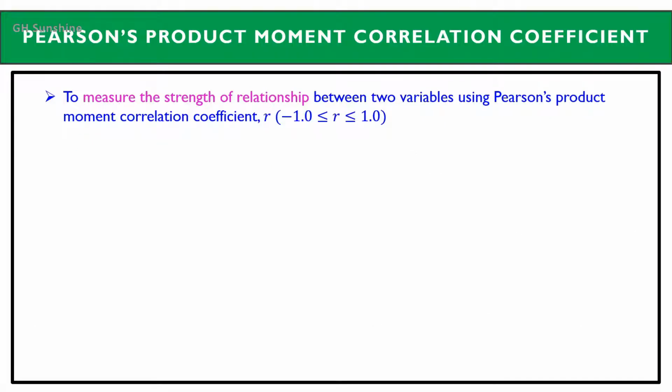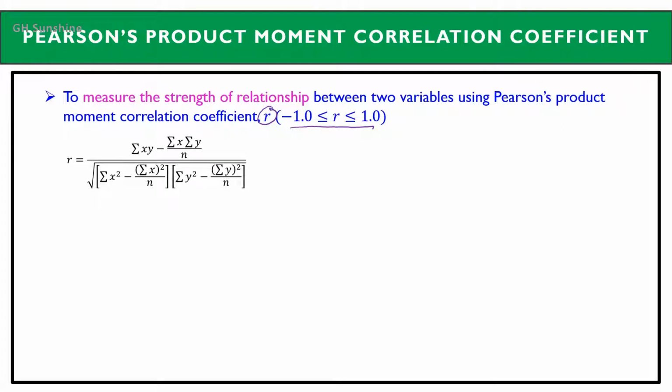Next, Pearson's product moment correlation coefficient. Compared to the scatter diagram, where we just plot the points to identify the relationship between the two variables, with this one we can measure the strength of the relationship between the two variables. The Pearson product moment correlation coefficient is denoted by R, and the value of R is between -1 and 1.0.